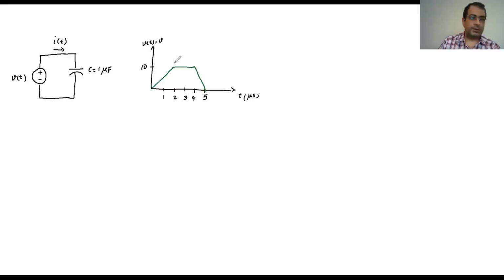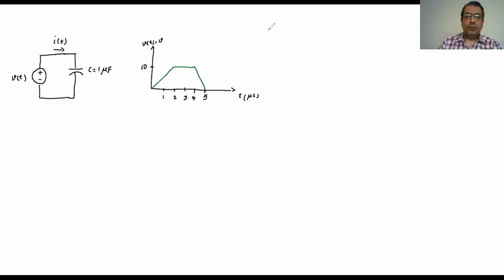If we have something like that, we want to see how the current and charge in this circuit are going to change. So the voltage is time dependent: it increases, stays constant, and decreases. Then we want to look at the effect of that on this circuit.